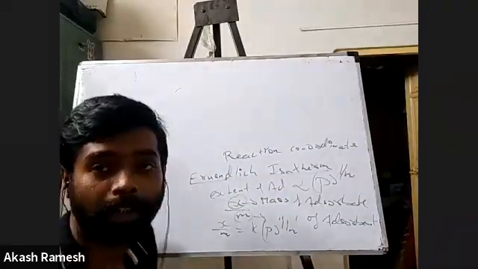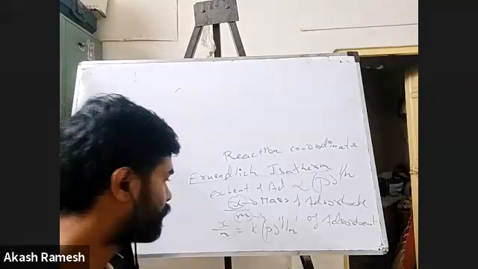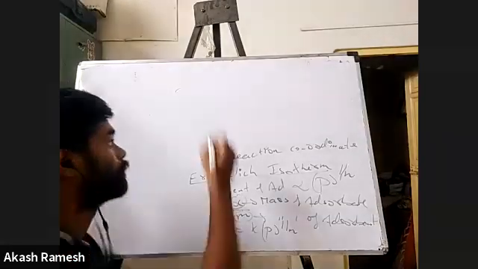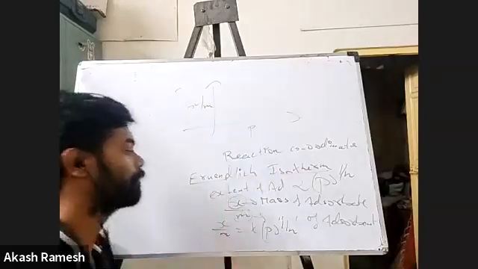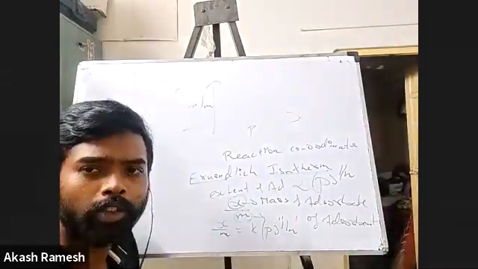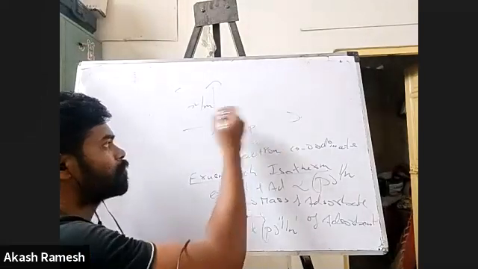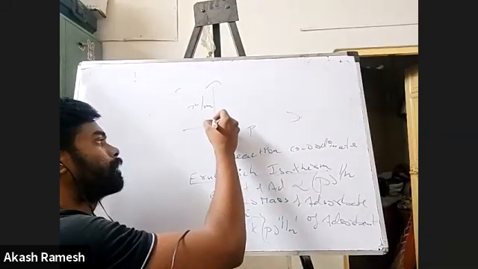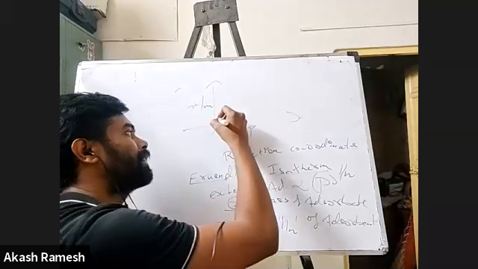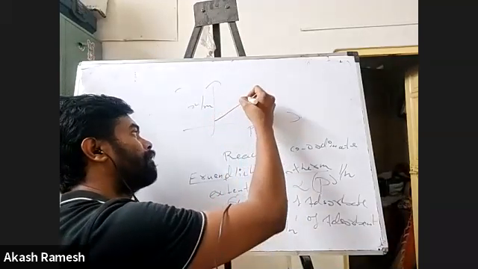If you look at the graph, if I put x by m versus pressure, at very low pressure, when the pressure is pretty less, I'm going to have a straight line.